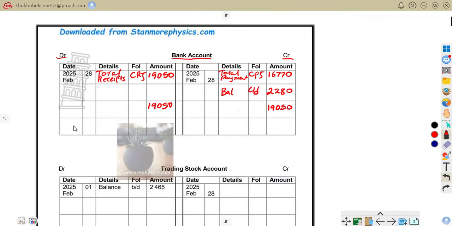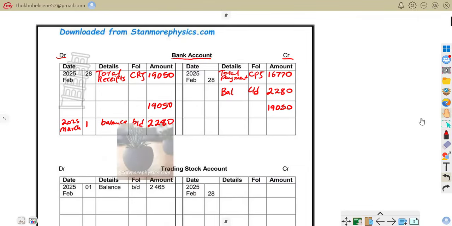Which is going to become our balance brought down, which is going to be here on 1 March 2025. First we are going to have balance brought down of 2,280. And then you are to get your 5 marks.